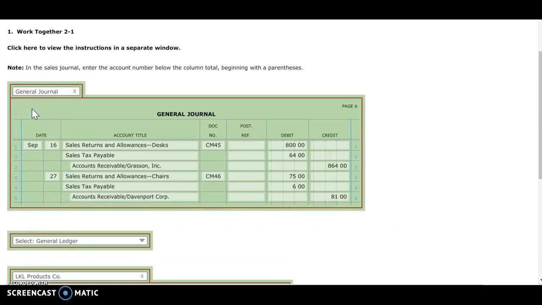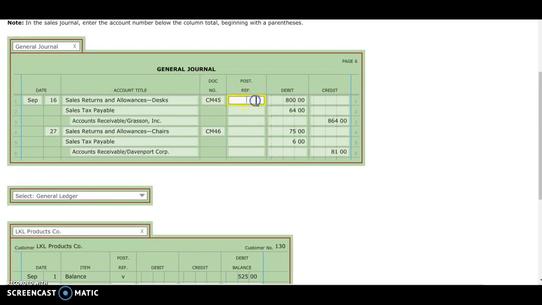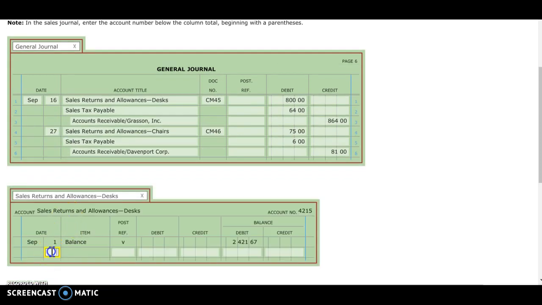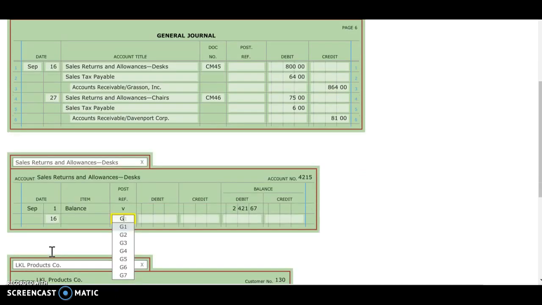Next, I'm going to go to my general journal and I'm going to post those individually. I'm starting with my sales returns and allowances, DES. That's going to be in my general ledger. The date is the 16th. This time I'm on general journal page 6, so G6.